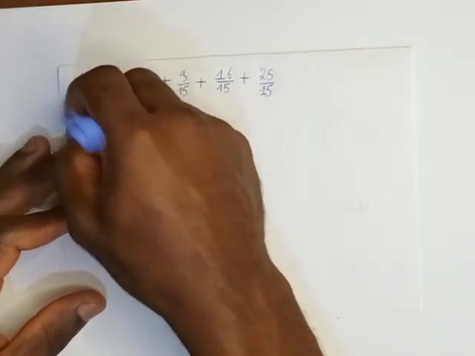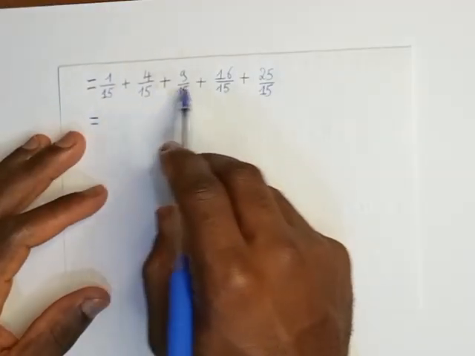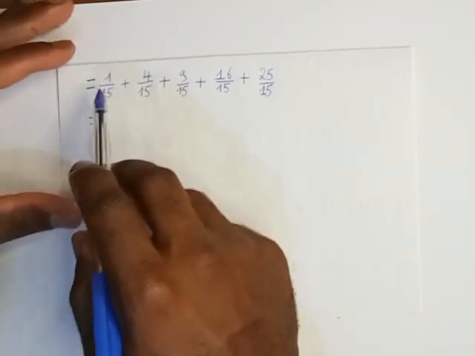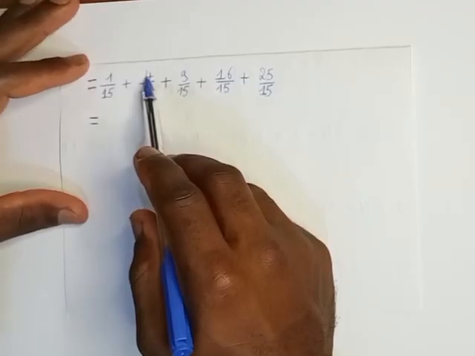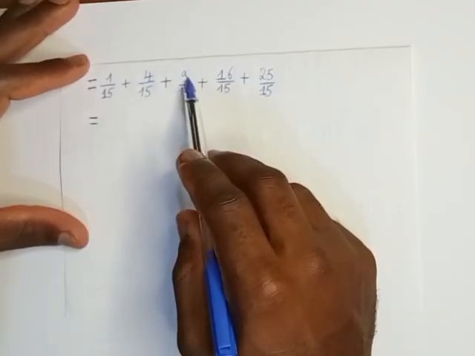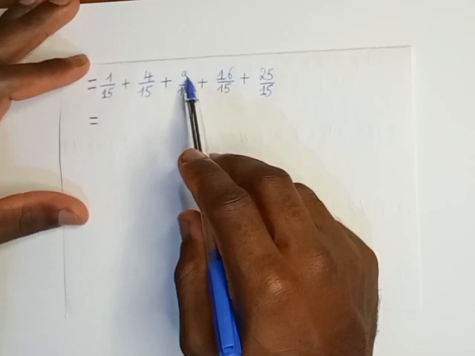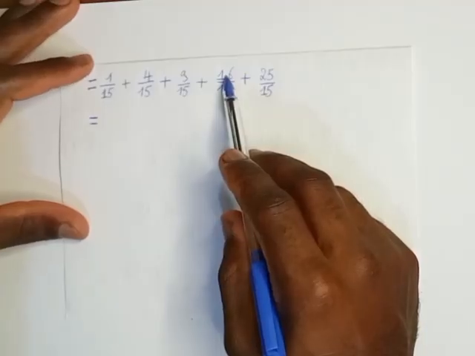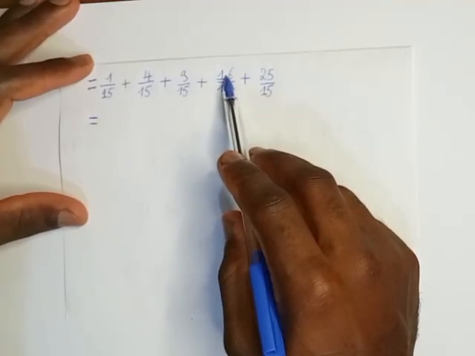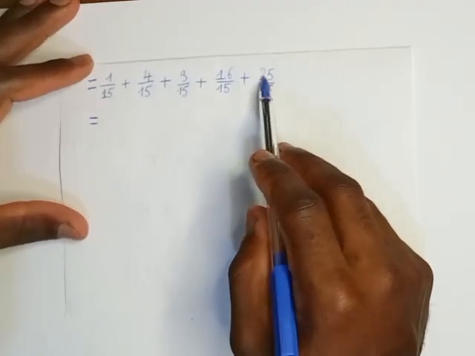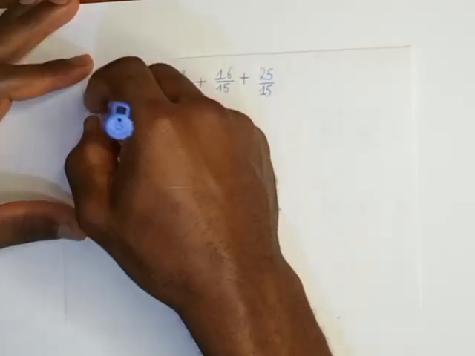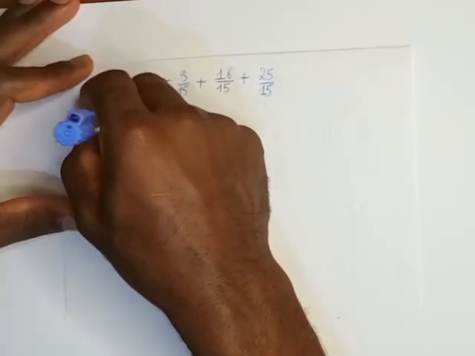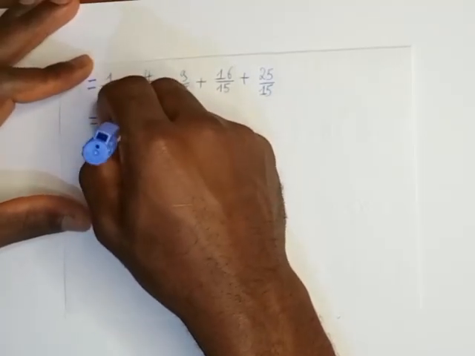They have a common denominator of 15, so we add the numerators. 1 plus 4 gives 5, 5 plus 9 gives 14, 14 plus 16 gives 30, 30 plus 25 gives 55 on 15.